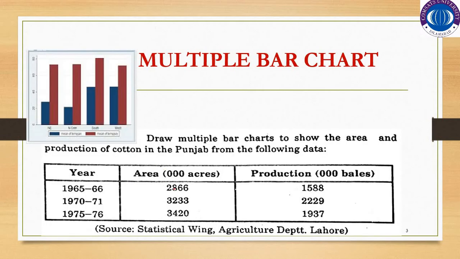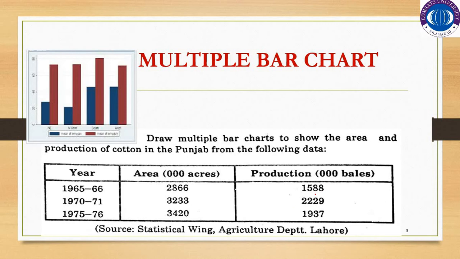So again, we will construct the y-axis and x-axis. This would be the starting point 0. As you have to locate both characteristics, area and production of cotton, on the y-axis, you have to concentrate on both columns to set the scale for the y-axis.